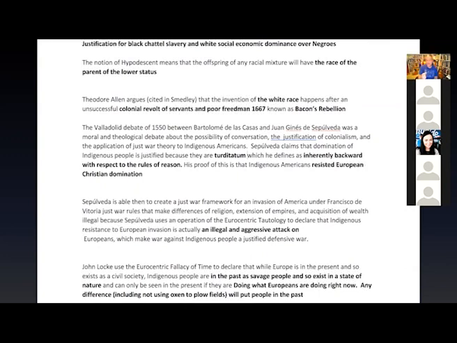And here we see again Sepulveda using the operation of the Eurocentric tautology to flip this around by saying, even though we're the ones invading indigenous people, their resistance is a form of aggressive attack because they're rejecting truth and civilization, and that's an attack on us.